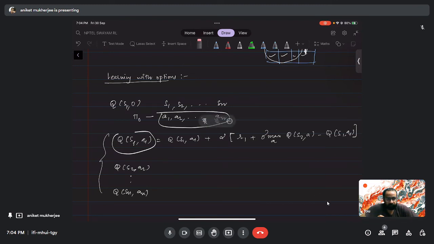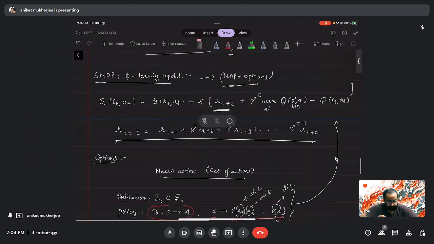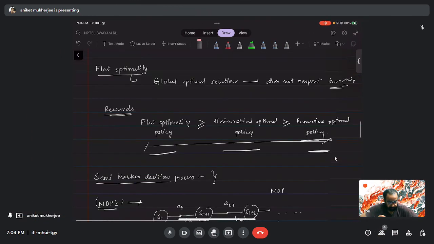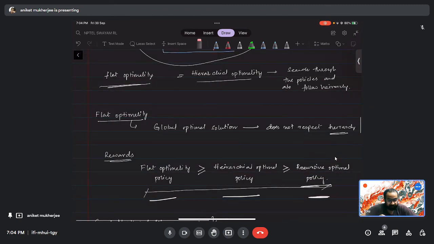I have one doubt with respect to the optimalities. The blocking conditions are clear for flat optimality, because of the optimal policy. Whereas it's not that clear for hierarchical optimality. For flat optimality, we just don't divide it into subproblems, we take it as a whole problem and disregard hierarchy, and do, say, policy iteration.